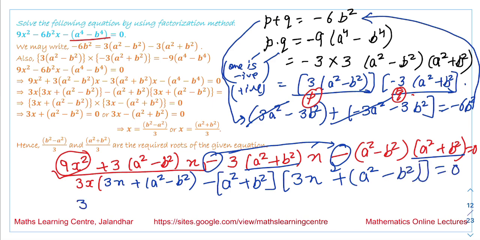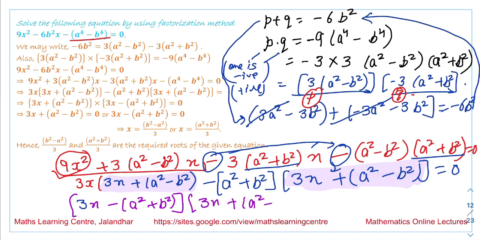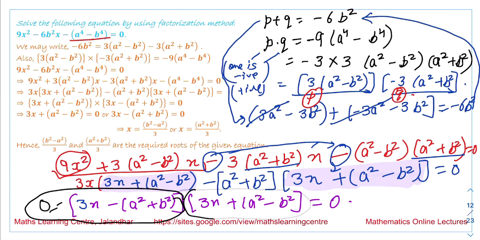So the final answer we get is (3x minus (a square plus b square)) into (3x plus (a square minus b square)) equal to 0. So either this term is equal to 0 or this term is equal to 0.